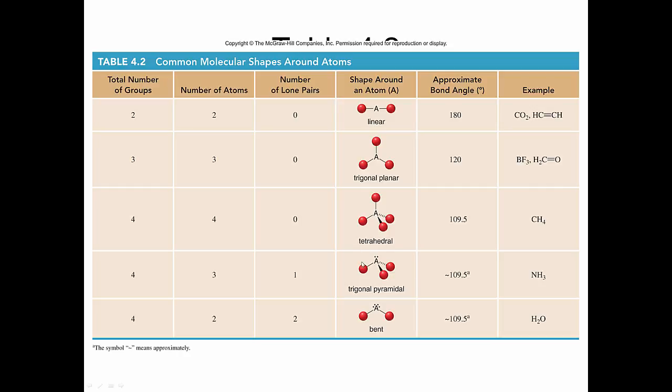Now, notice here we have 1, 2, 3, 4 electron charge clouds about a central atom, but we have 1 lone pair. So the electron pair geometry would be tetrahedral, but because we have the 1 lone pair and 3 bonds, this is called trigonal pyramidal.